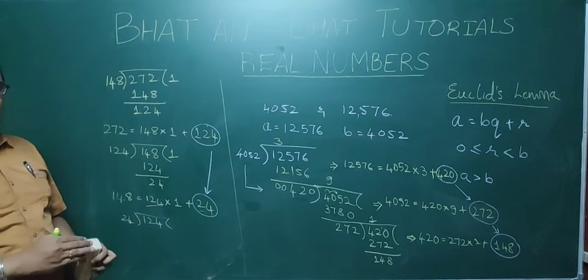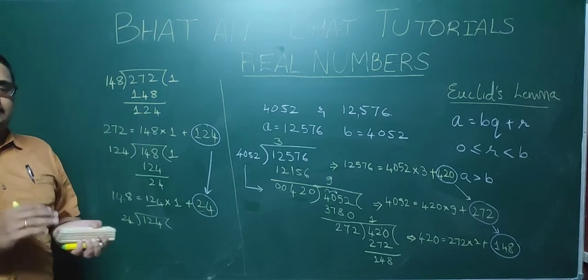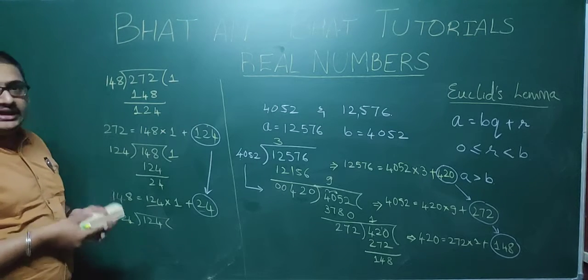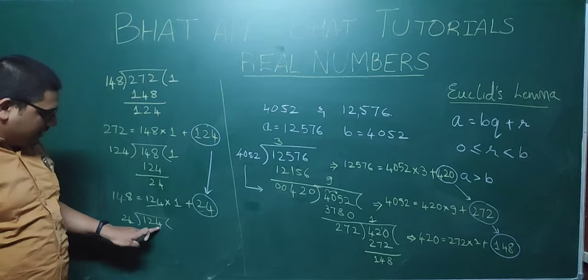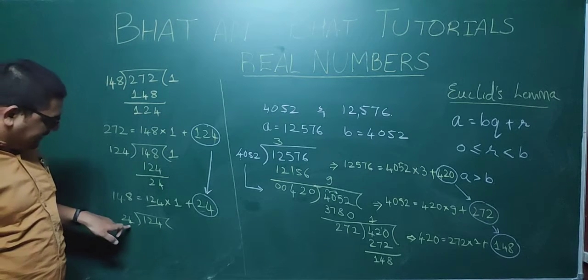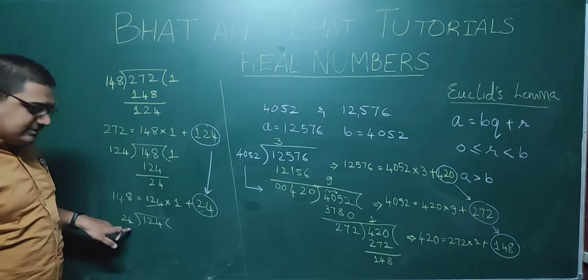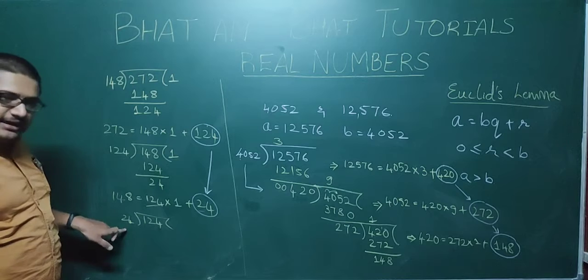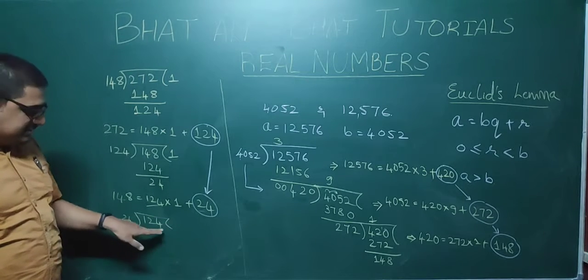Now you should do trial and error. So let's take 6. Why am I taking 6? Because I have a number here ending with 4. So if I multiply and try with number 6, 6 4s are 24. So I feel that I might reach up to this number.